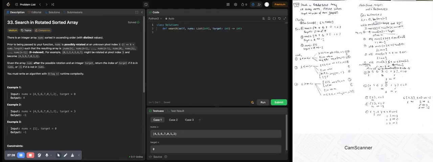Okay, now the case where the array is not sorted well.